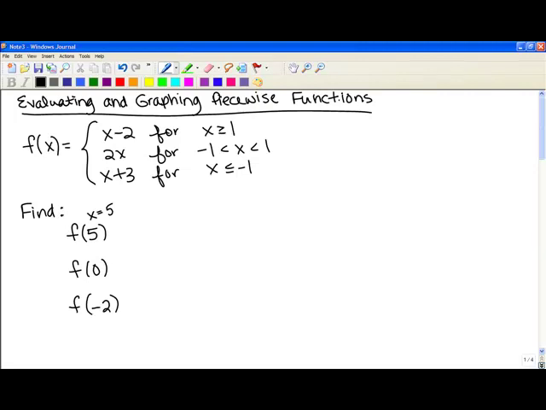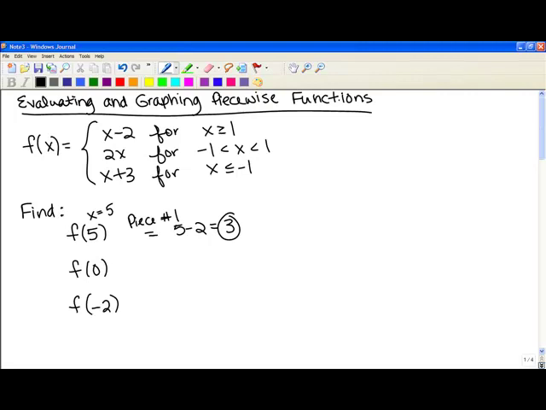So we're going to use piece number 1 for the number 5. So we need to plug in 5 for x in piece number 1. So putting the 5 in up here, it'll be 5 minus 2. When we do this calculation, we know that the output would be 3.